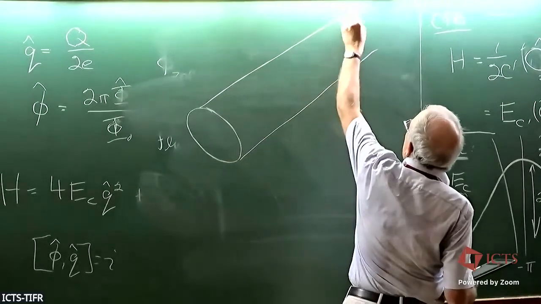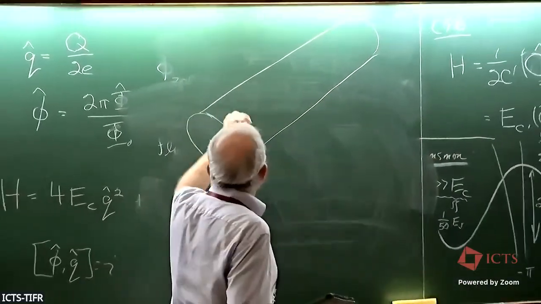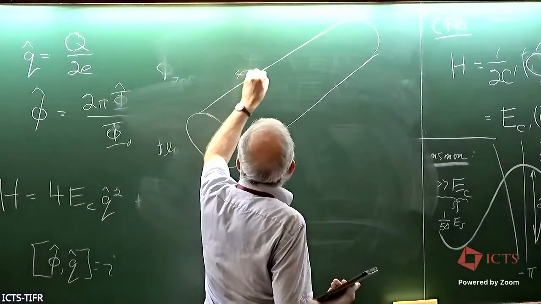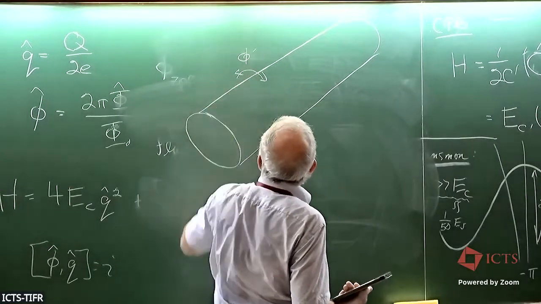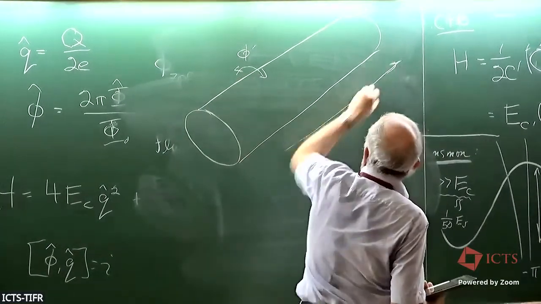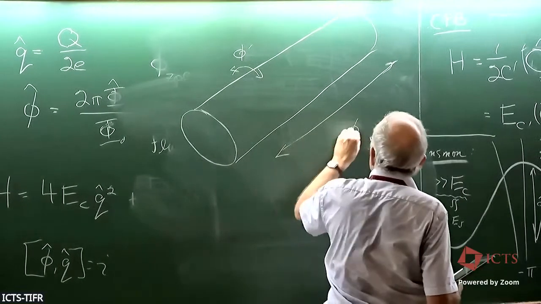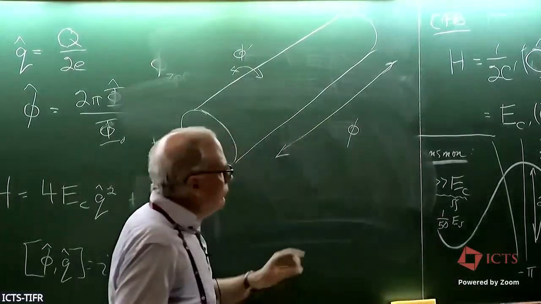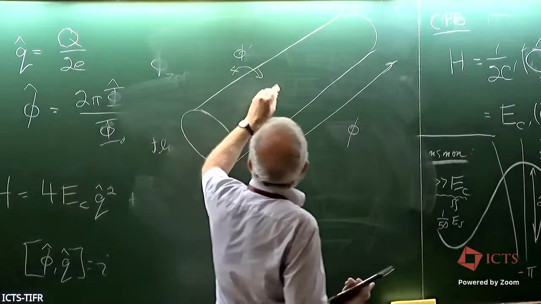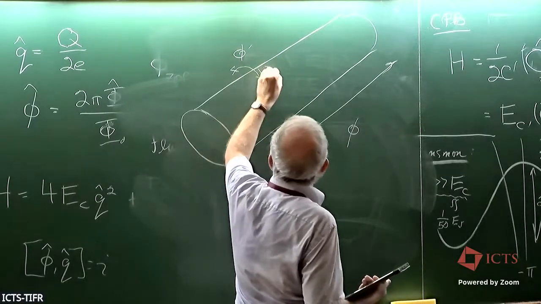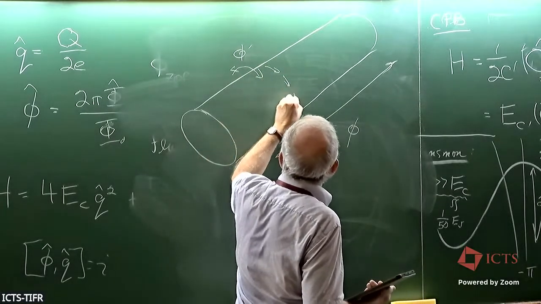Now there's no end to this cylinder, but it is wrapped around. So the phi prime variable is this way. The phi variable is this way. We have this vector potential. Now it's a vector in the phi direction, so as a vector, it's wrapping around this way.